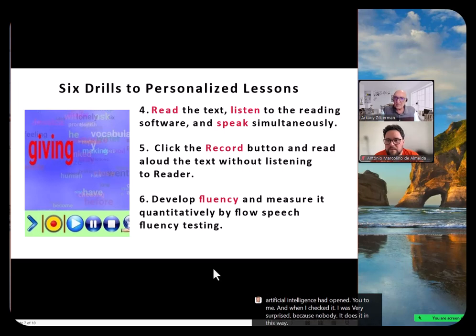However, as you now understand, there is a big difference between Fluency Flow and AIWAT. There is a huge difference between Fluency Flow and flow speech fluency testing. I will explain details later by demonstrating it.